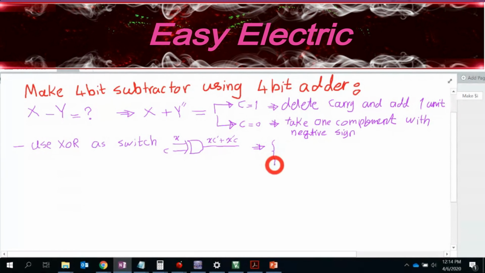Now I give you two values for C, which I call the control pin for the XOR. If I give C equal to 1, what should the output be if we call the output F? Type in the chat box what F should be whenever C is 1.